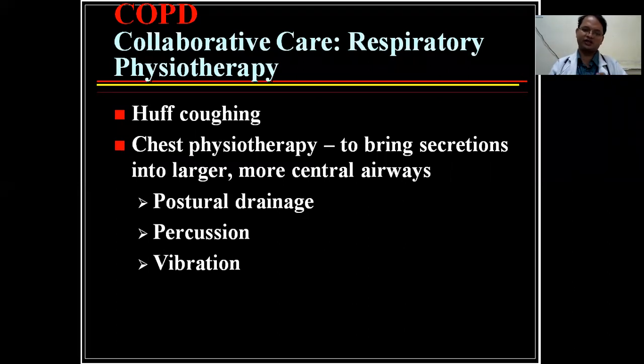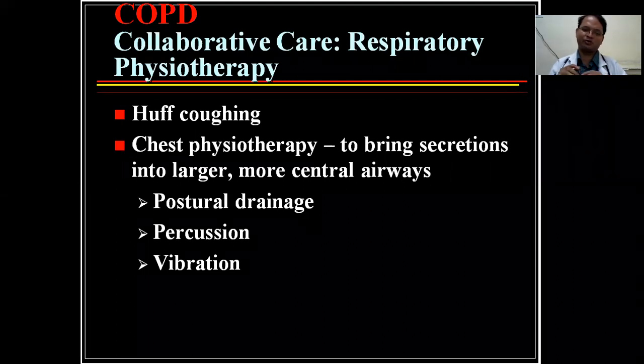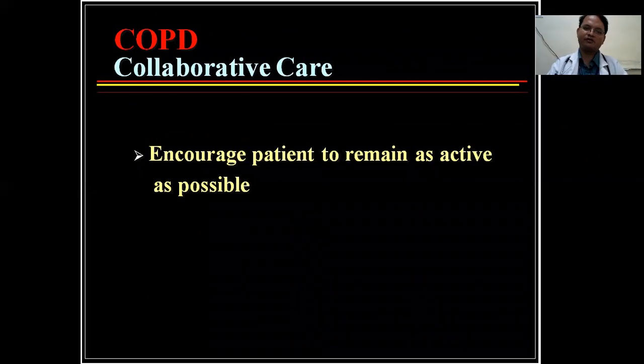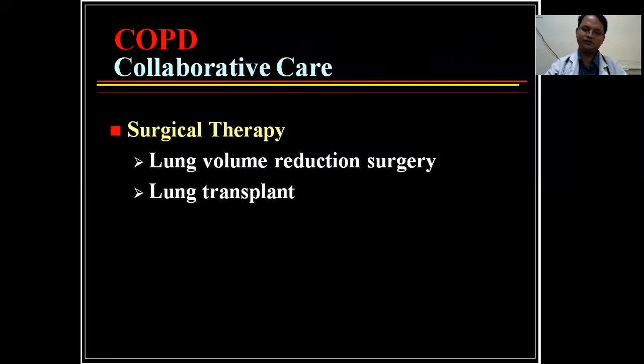These chest physiotherapy maneuvers are postural drainage, percussion, and vibration. We have to encourage the patient to remain as active as possible. Surgical therapies like lung volume reduction surgery and lung transplantation are available for the treatment.